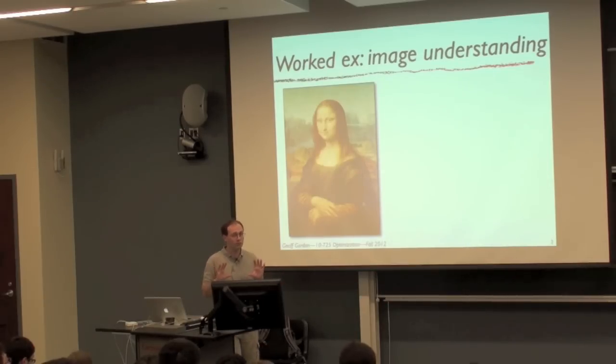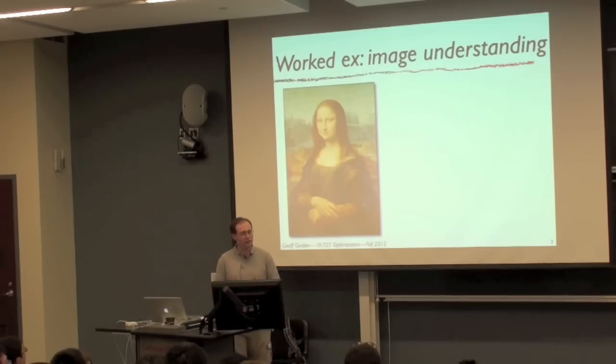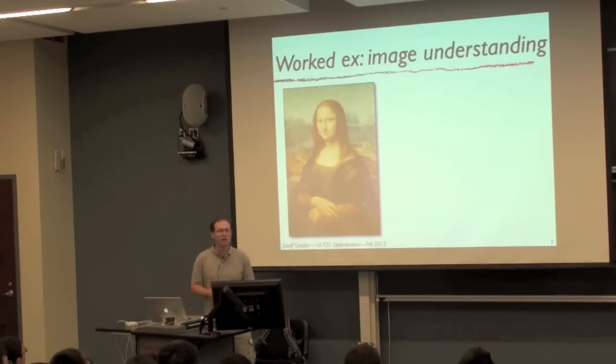So our optimization problem is going to be to try and find the different segments of the image and attach identifying information to the segments. So now we have to turn that into an optimization problem, right? That means we have to select variables, constraints, an objective function. Any idea what the variables should be of our optimization problem for the segmentation model?